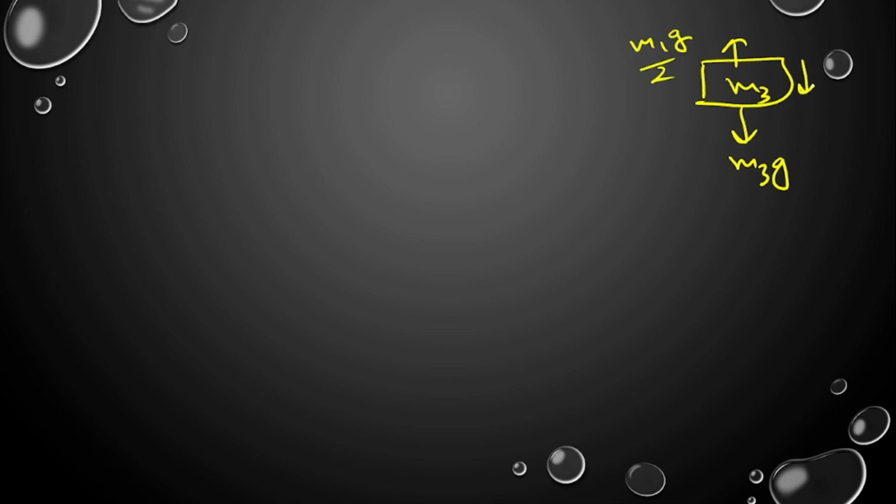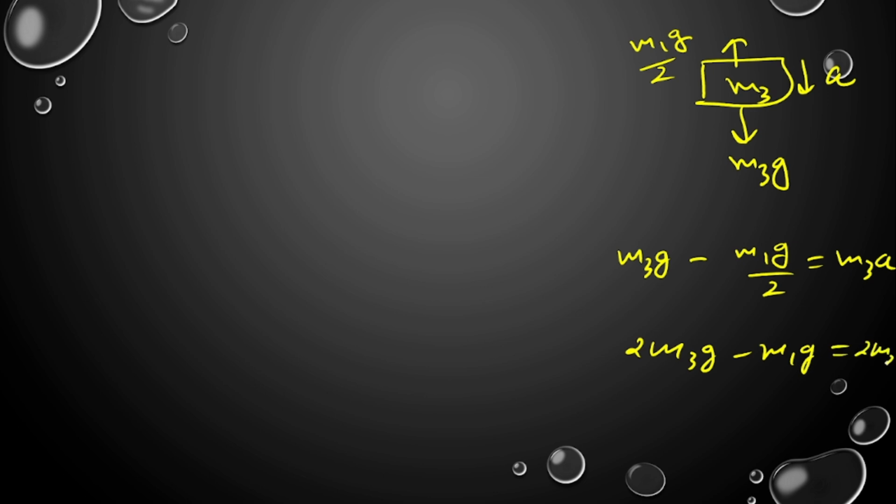On the next side, for block m3, this is m3g, this is m1g by 2, this is the acceleration: m3g minus m1g by 2 equals m3a. So 2m3g minus m1g equals 2m3a. This is our equation number 2.